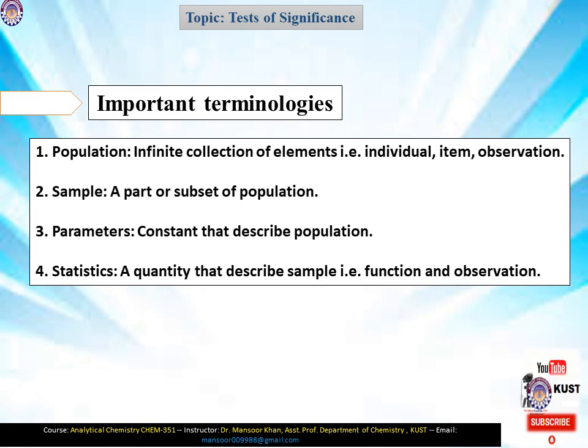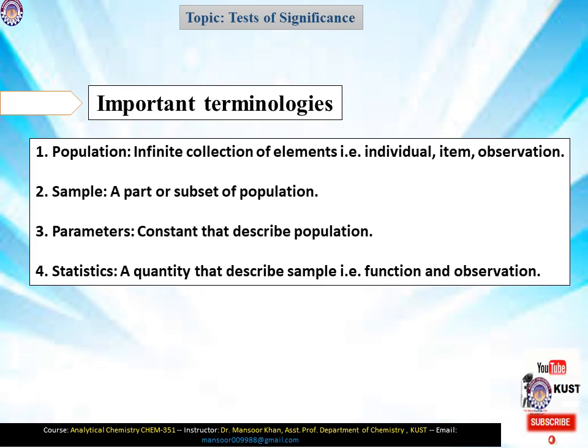So in the case of analytical chemistry, we will deal with experimental observations that we have collected in the laboratory, for example, collection of soil samples. When the number of samples collected from the soil is too large, then it is called a population.